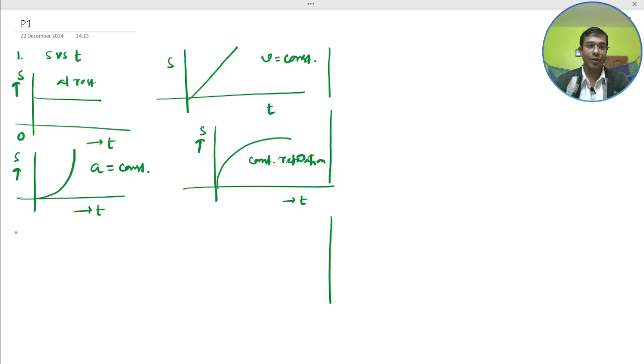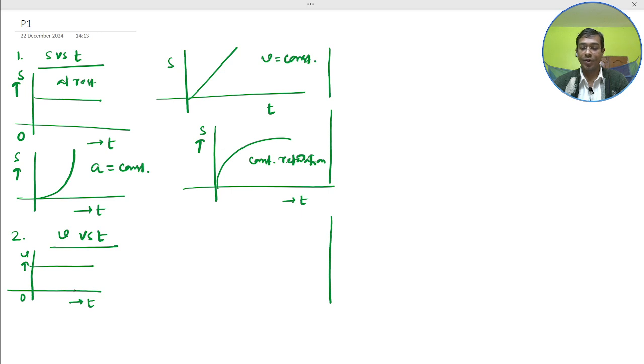So the second one is velocity versus time. This is the s versus t, this is v versus t. First one, velocity is constant. So for constant velocity, this would be the graph. This is the v origin and the t. Second one, moving with constant acceleration, this would be the graph, a constant.